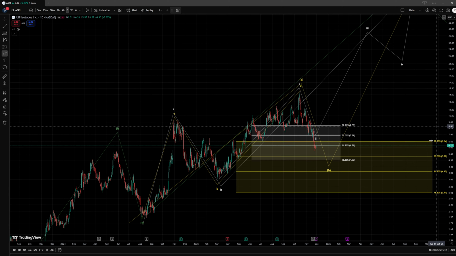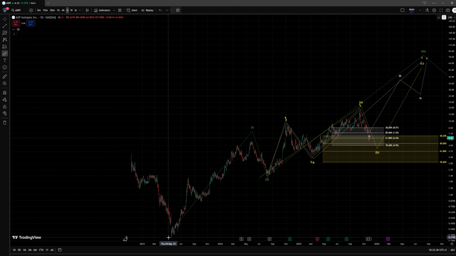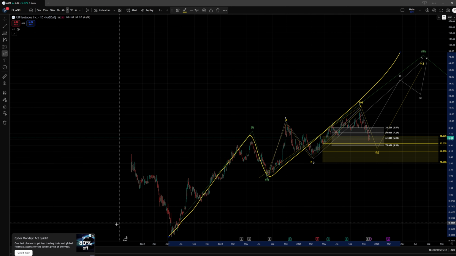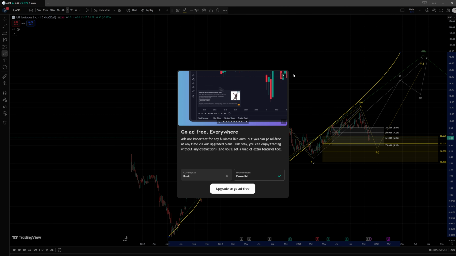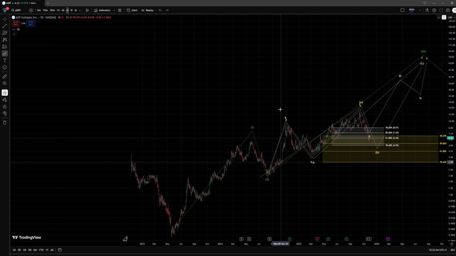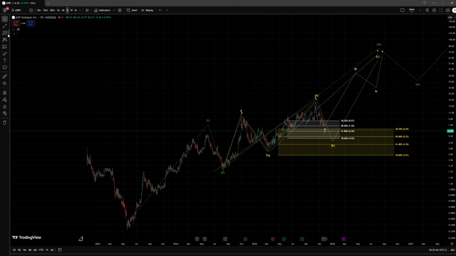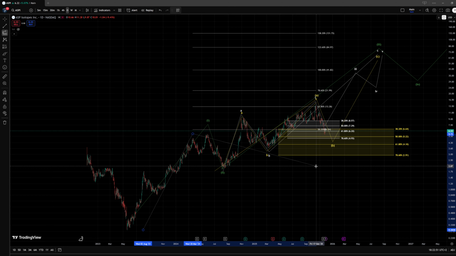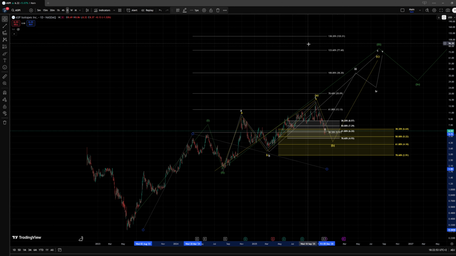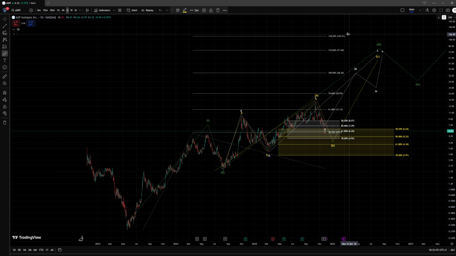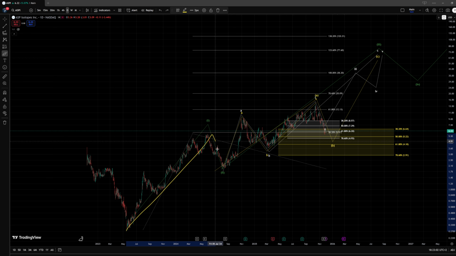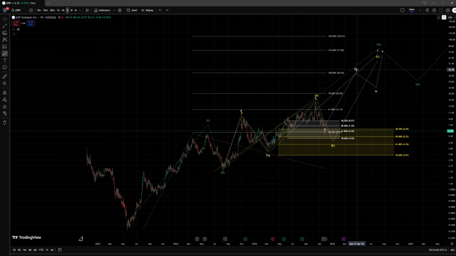In the end, I have to say, it is a high likelihood that this will turn into an ABC structure, and we won't necessarily get to the third wave targets, because those are quite extended, and even within the movements that we have already done, we haven't gotten anywhere close to the ideal target, the 138.2% extension of the wave 1, the $120 level, whereas if this was an ABC structure, we would really only have expectations maybe for the 100% extension.